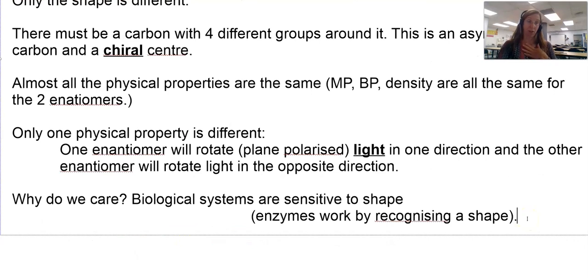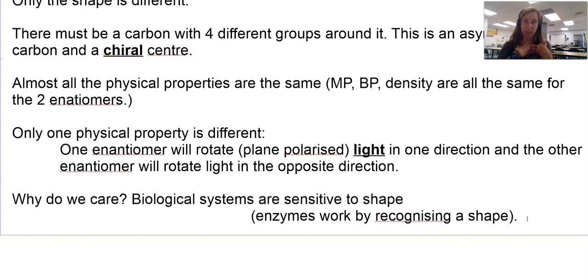We care a lot because we are biological systems, and those of you who study biology will know that enzymes work by chemical molecule shapes. And so one enantiomer will react in a body, in a biological system, differently than the other enantiomer will.